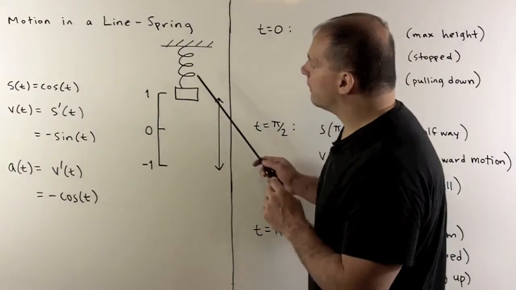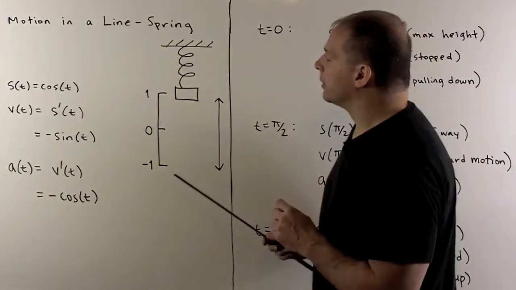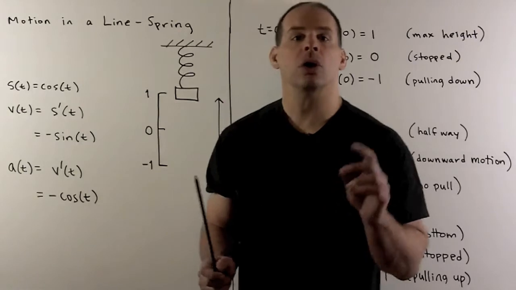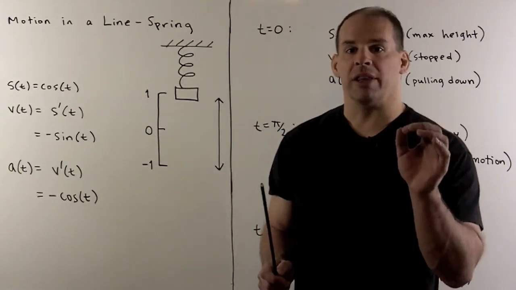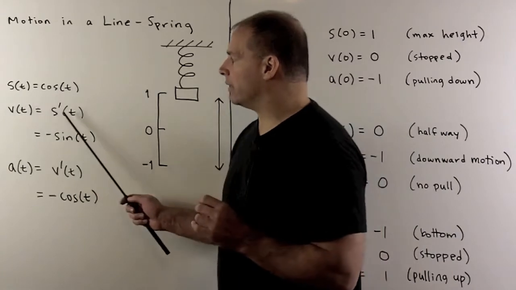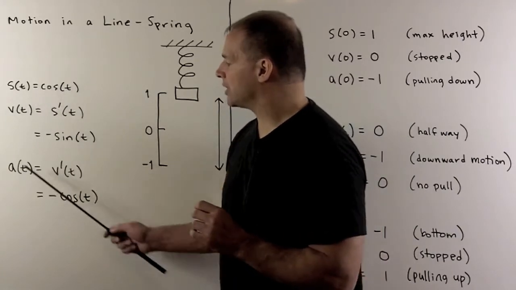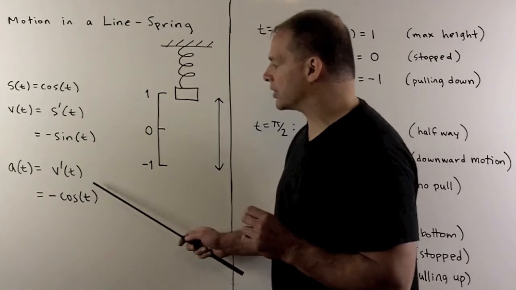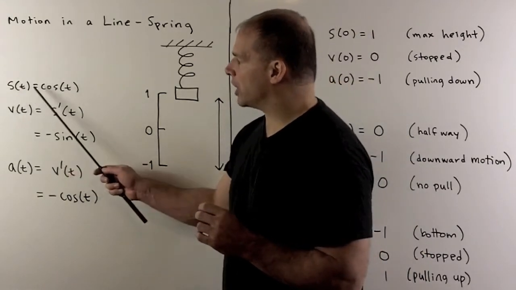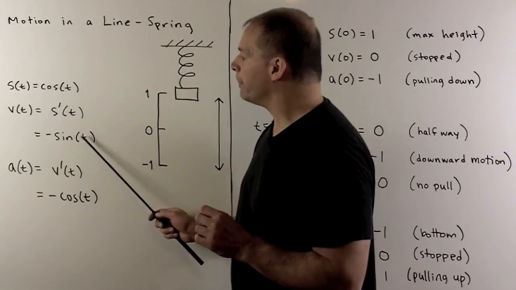Now, the function we'll use to model this behavior, our position function, is going to be cosine of t. Recall the rules for getting the velocity and acceleration. Velocity is just going to be the derivative of the position function. Acceleration is the derivative of our velocity function. So we take the derivative. For the position, we're going to get minus sine of t.